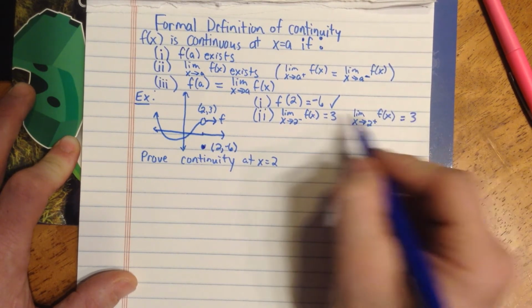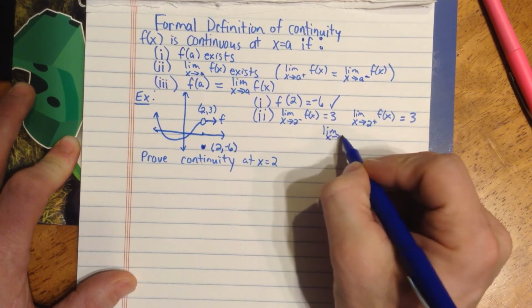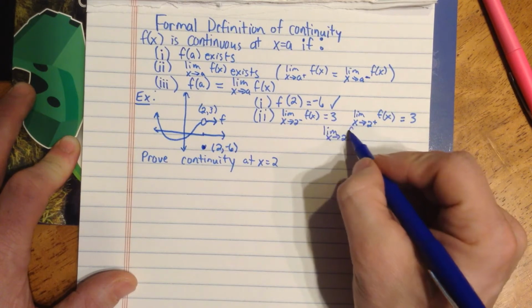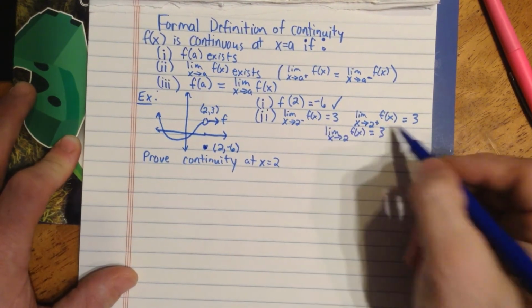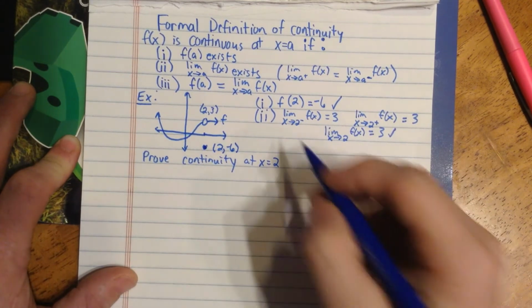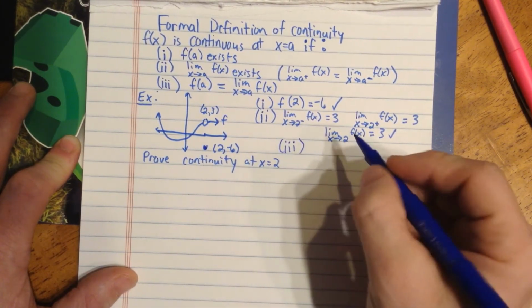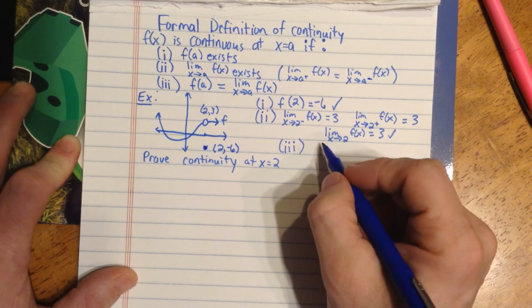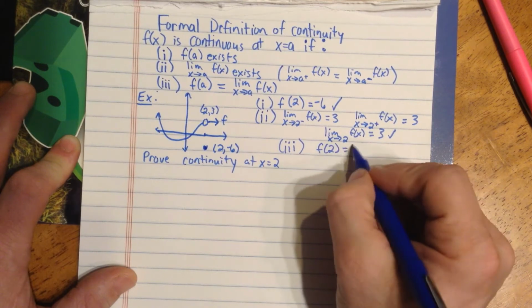Since these two are the same, you can therefore say that the limit as x approaches 2 of the function f of x is 3. It exists at 3. So it checks step 2. So we're looking pretty good right now, so it's got to fail this step. Step 3 is the value from number 1, f of 2, equals -6.